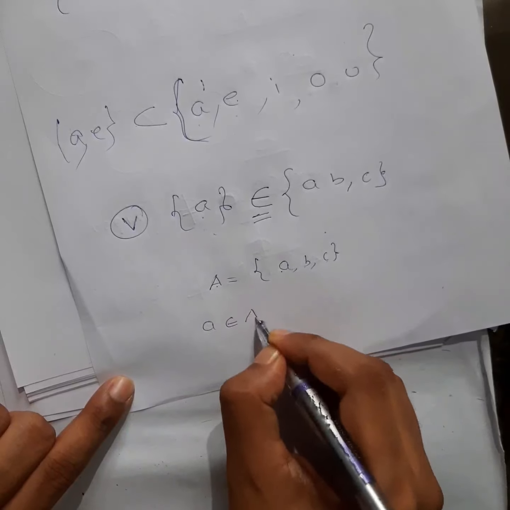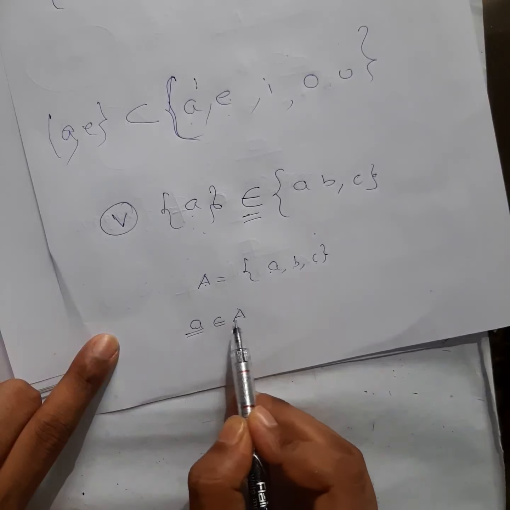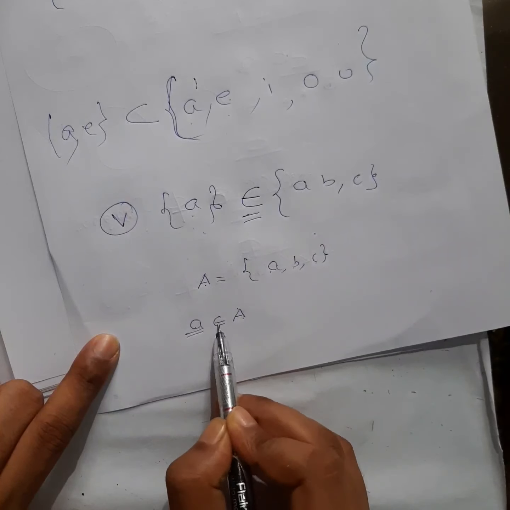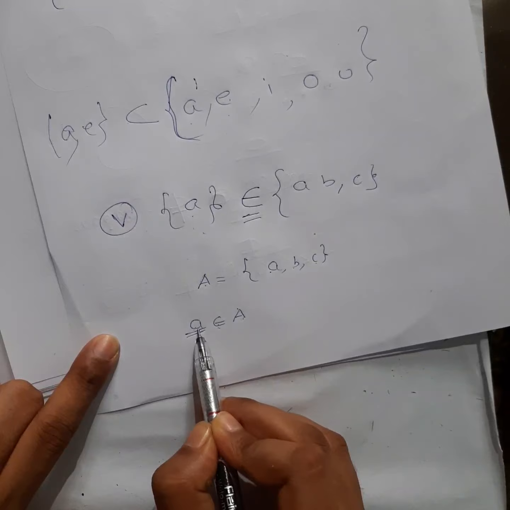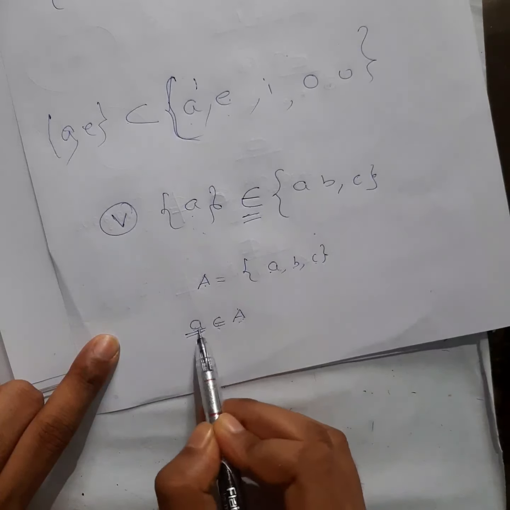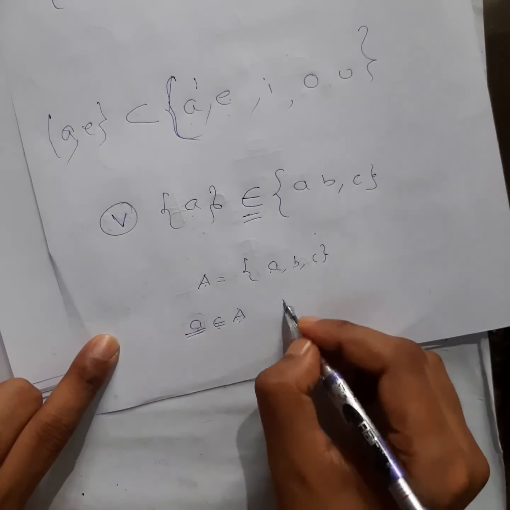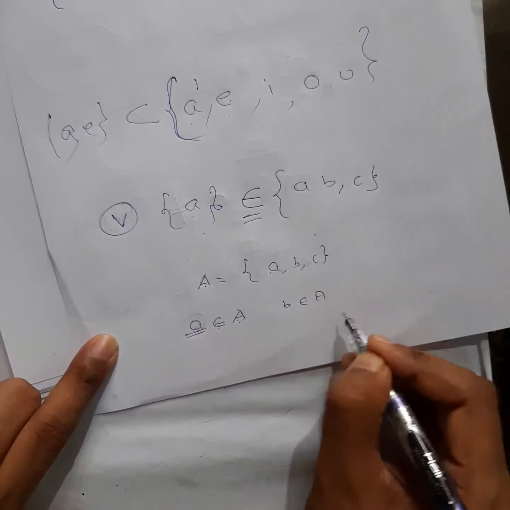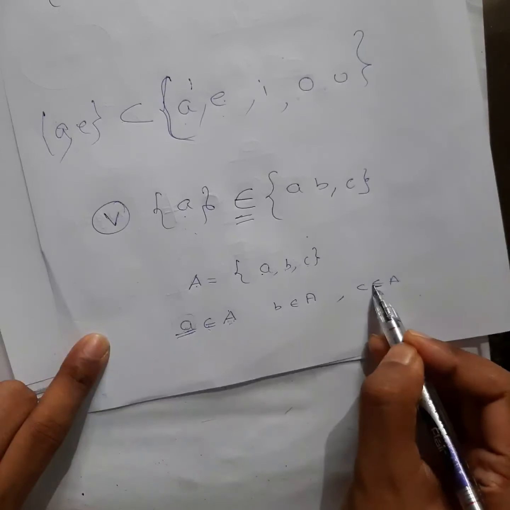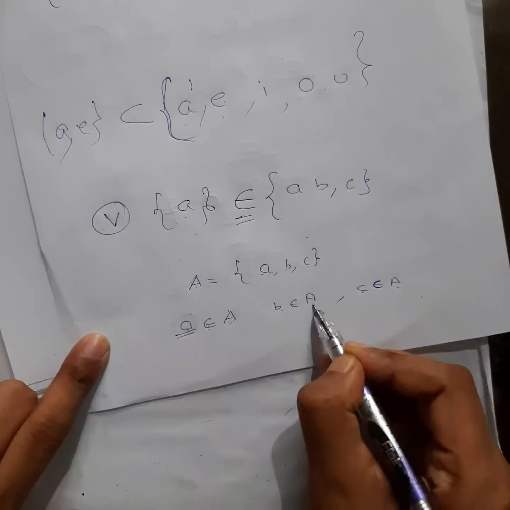A belongs to this set. Now what is this? This is an element of this set. This is what we understand from this symbol. A belongs to this set means this is an element of this set. This is not a set. This is an element of this set. Next, B I can write belongs to the set, C I can write belongs to the set. So when I use this symbol, we understand this is an element of this one.